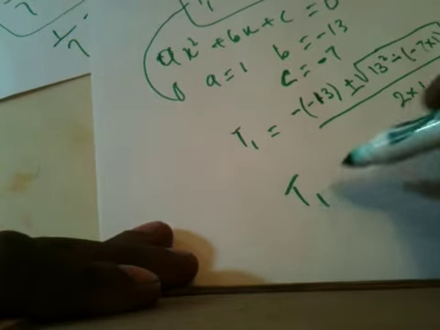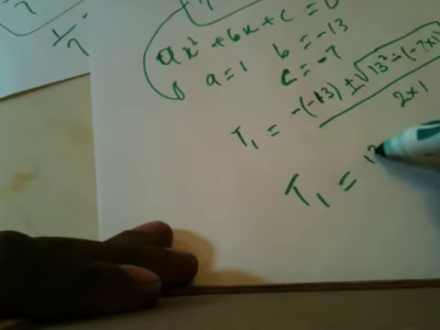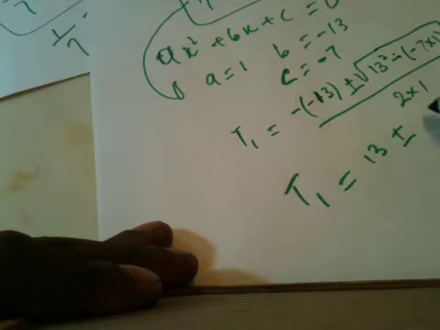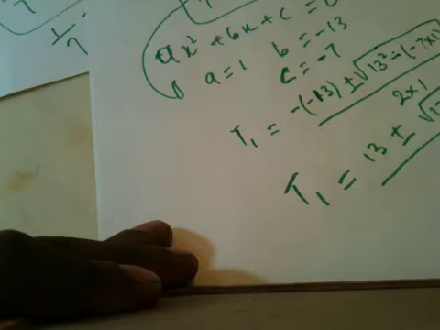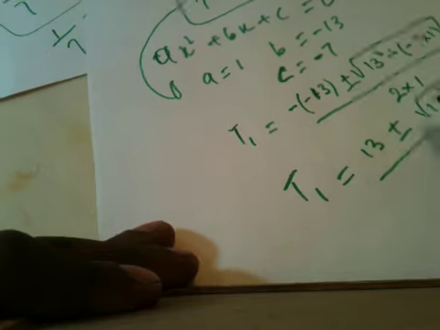So T1 is equal to 13 plus or minus the square root of 13 square plus 28, over 2.